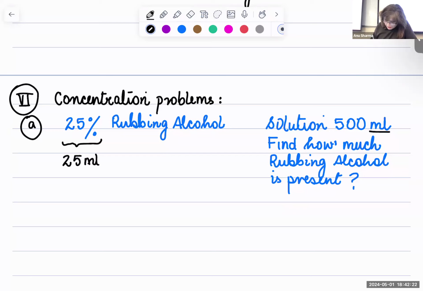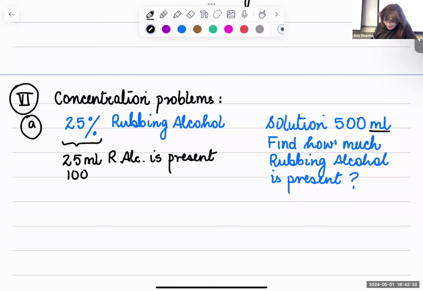So here you have 25 milliliters of rubbing alcohol present in 100 milliliters of solution.